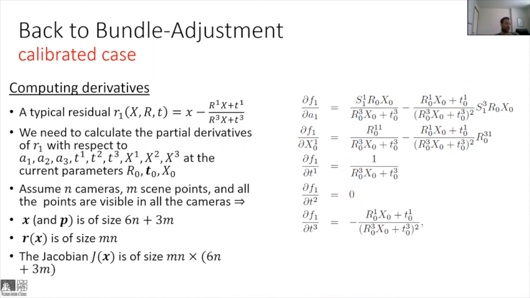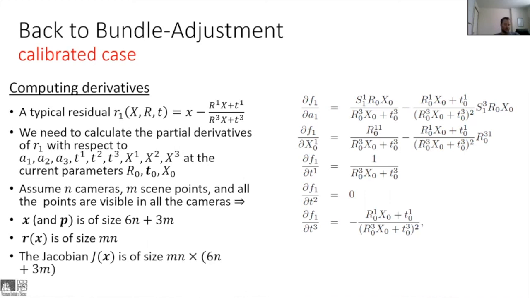So actually, once you have the Jacobian, you need only the first derivatives, right? The Jacobian is only the derivatives of the jth residual with respect to the ith parameter. So once we have this Jacobian, we plug it into the optimization methods that we discussed.